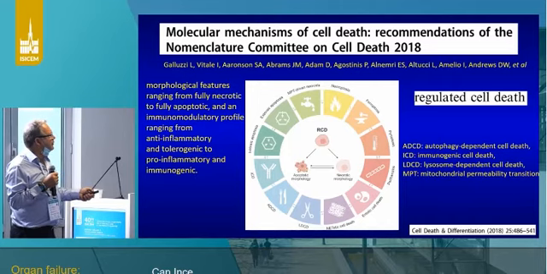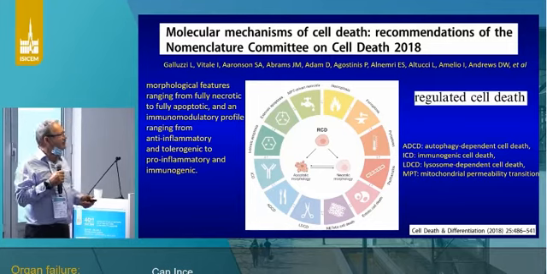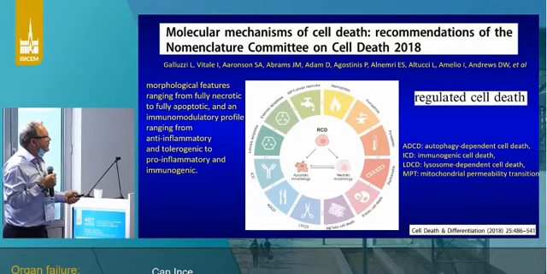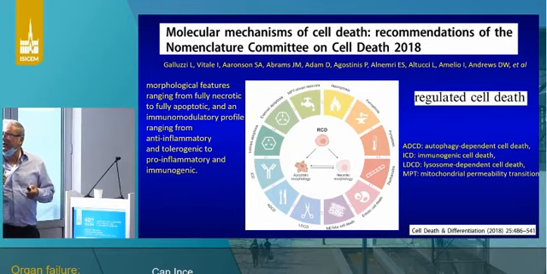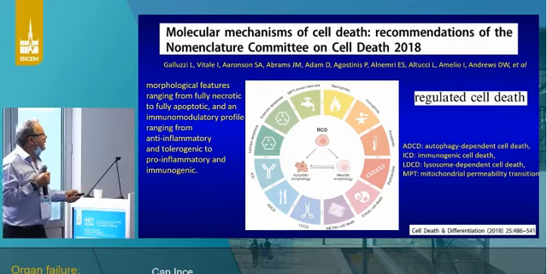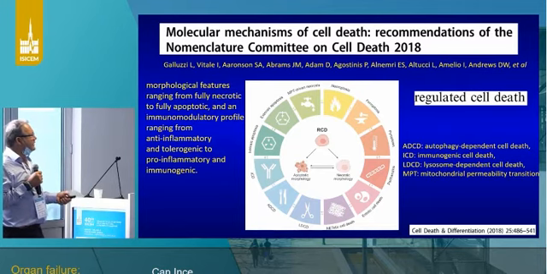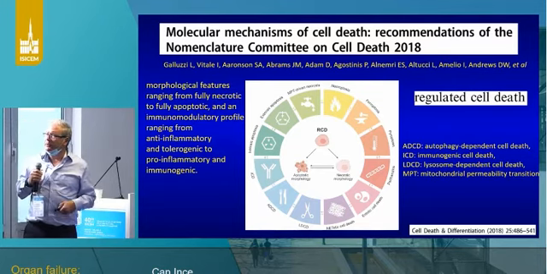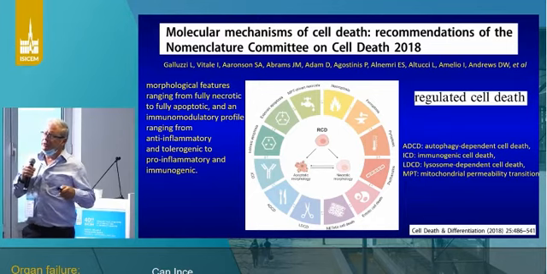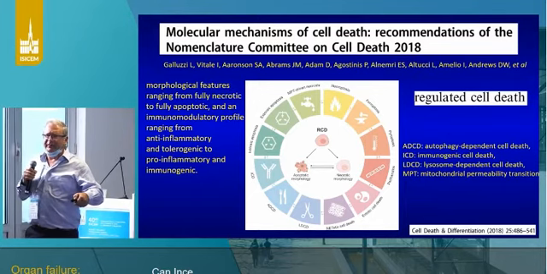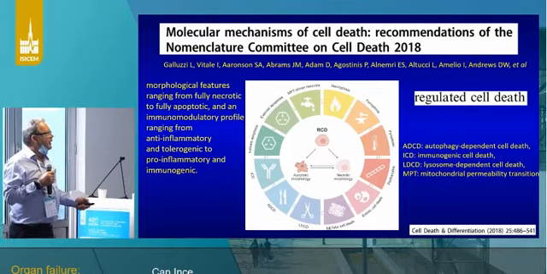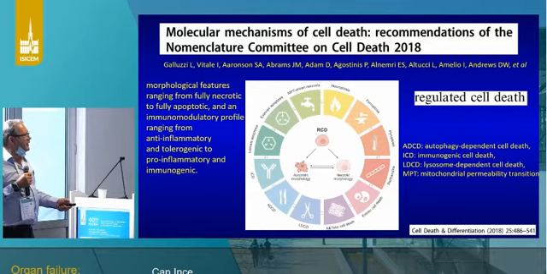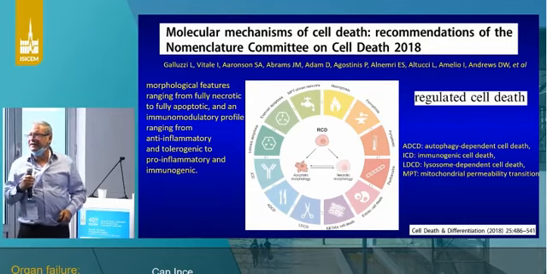So the morphological features really range from a fully necrotic type of cell death to fully apoptotic, which is the most silent way of dying, as it were, and ranging also from anti-inflammatory to pro-inflammatory. So a lot of these processes either are used in the body to instigate an inflammatory response, and some the opposite. And here we've got some of them: immunogenic cell death, lysosomal dependent cell death.